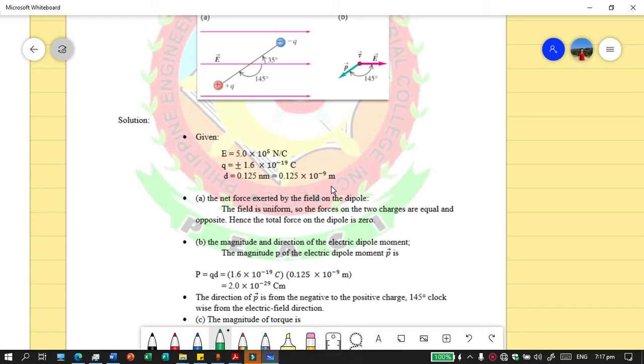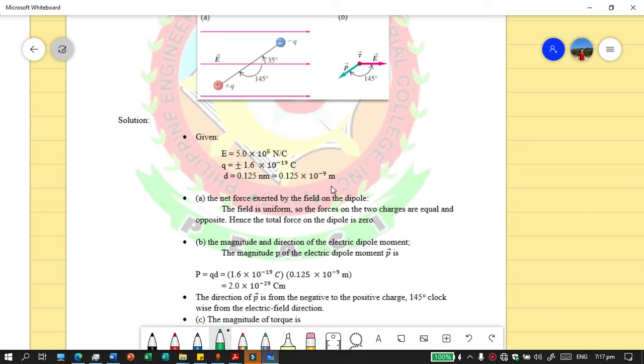The dipole moment is equal to 2.0 times 10 to the power of negative 29 coulomb meter. And the direction of our dipole is toward the positive charge, so that would be 145 degrees clockwise from the electric field direction.